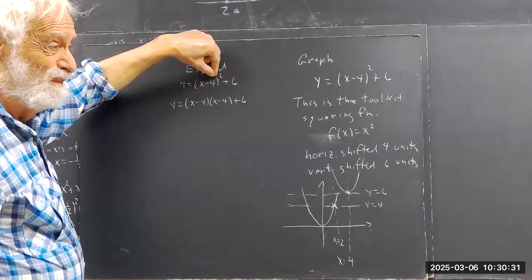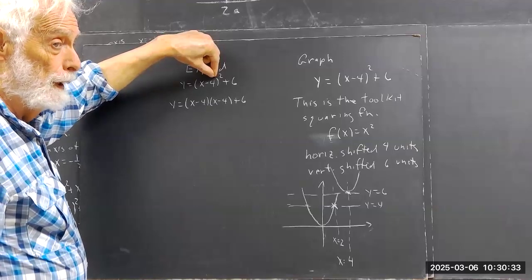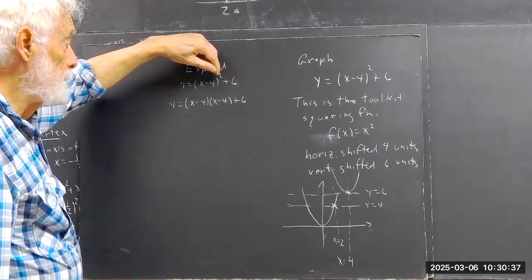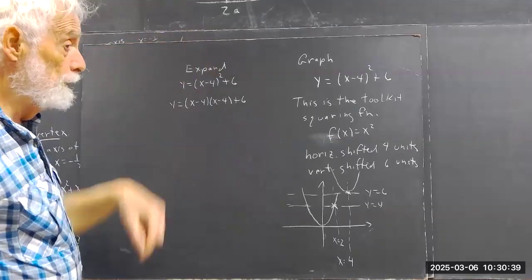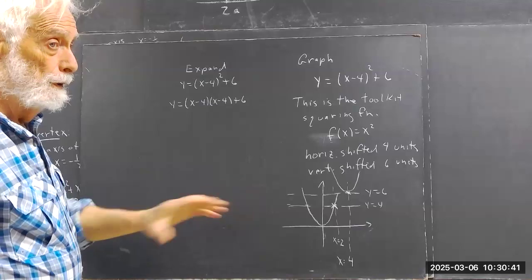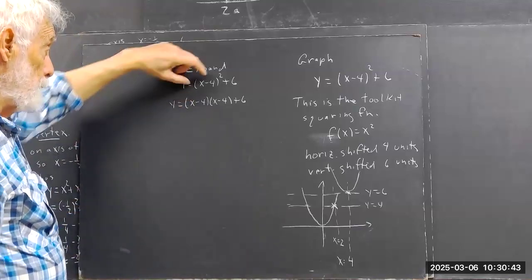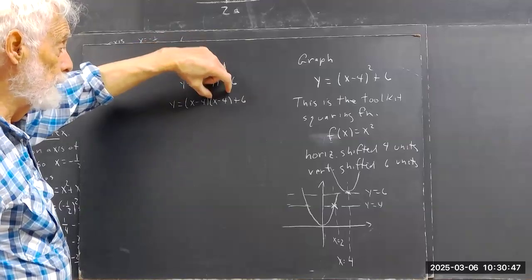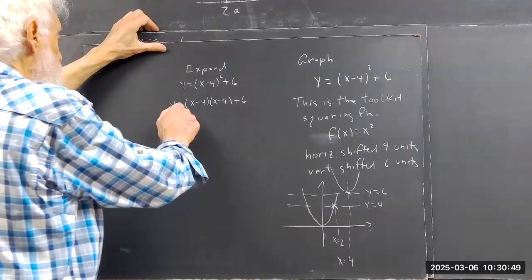Now, 2/3 of the people in a pre-calculus class come to class thinking that if you square x minus 4, you get x squared minus 4 squared. And that's absolutely not true. What you get when you square x minus 4 is what you get when you multiply x minus 4 times x minus 4.